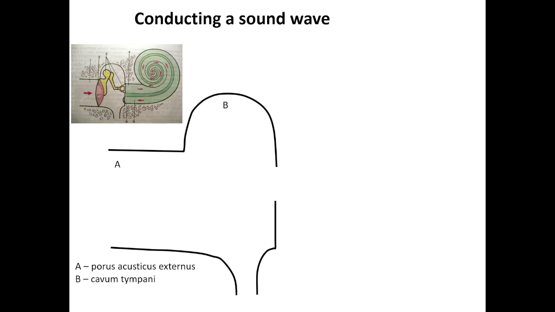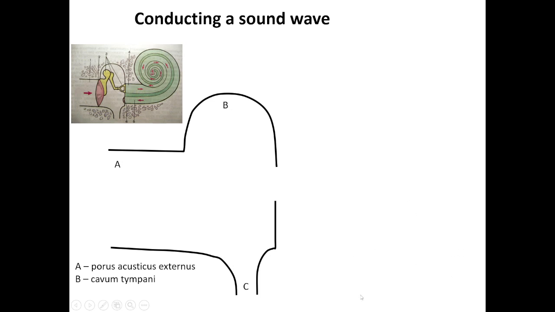Tympanic cavity, cavum tympani. Can you recognize? The external ear was removed, porus acusticus externus then passes to the internal structure of the bone, and here cavum tympani is located.